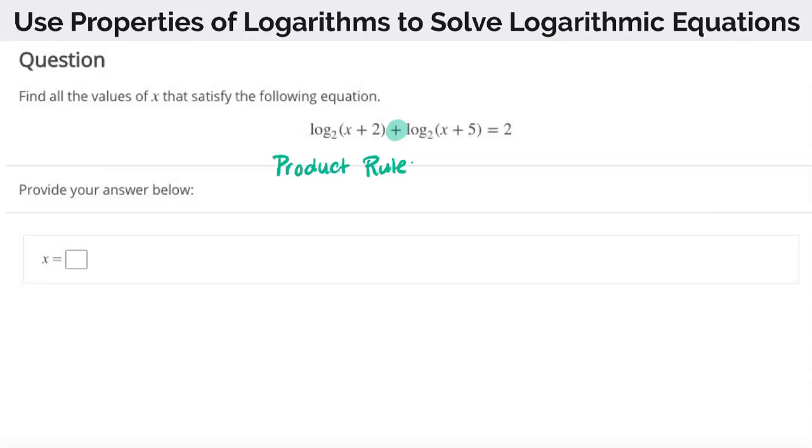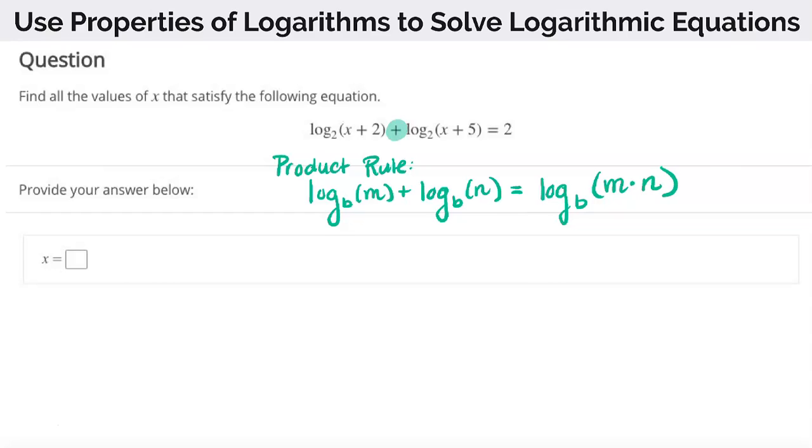Because that's the one that says if we have a sum of two different logs, right? So two logs with the same base, if we are adding those things, that's the same as the single log of their product, right? So again, we can condense this down to a single logarithm as long as we multiply what's inside.